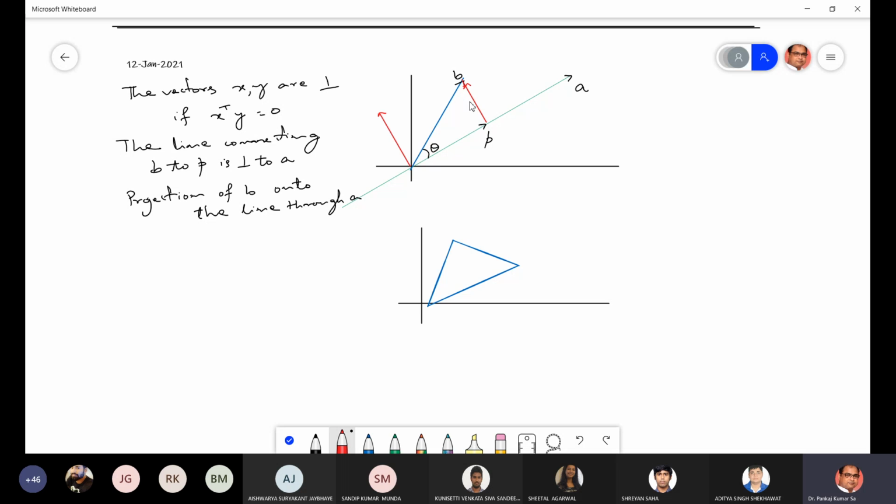I am drawing a parallel projection vector onto this. Now this A and this projection vector are orthogonal. So even though A and B are not orthogonal, we can introduce the concept of orthogonality through this.